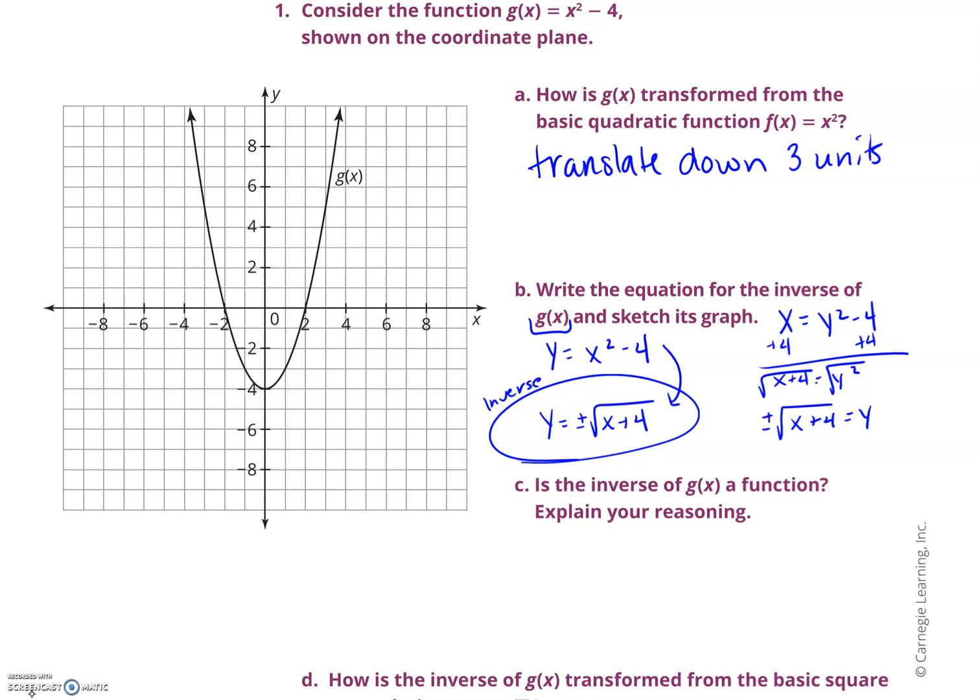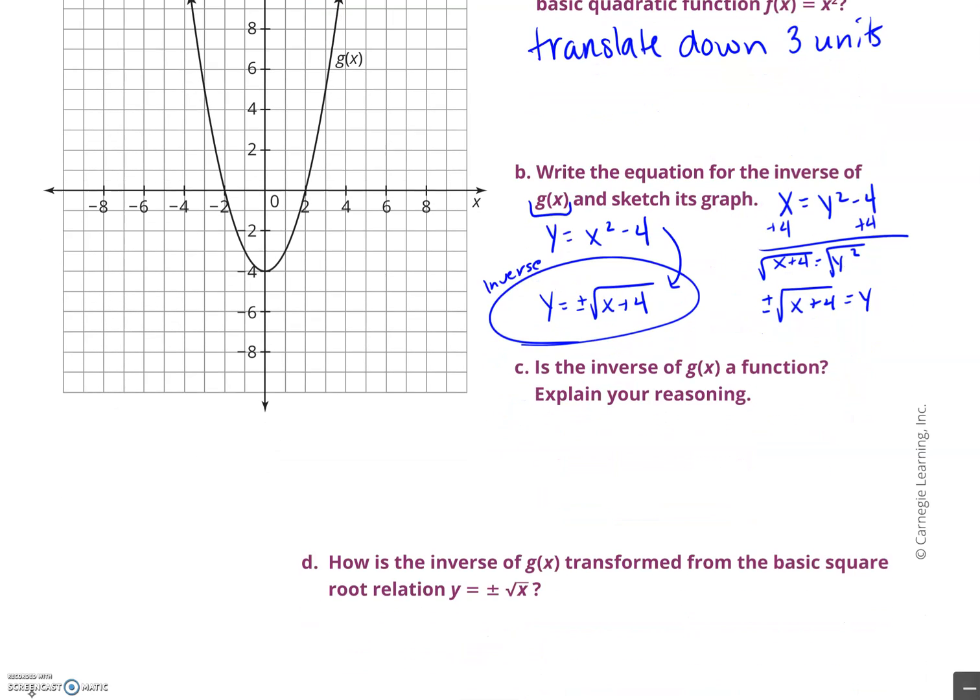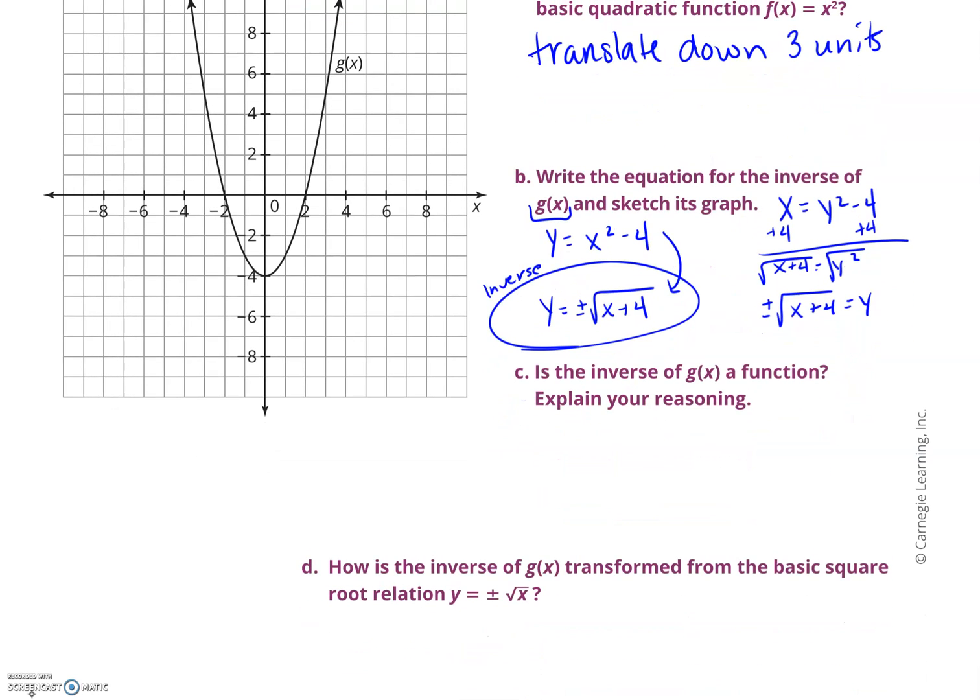All right, so if we sketch this graph, let's create a quick table real quick. Let's make sure that they come out to nice, pretty numbers.